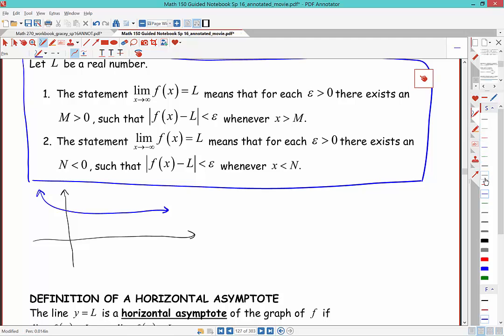And let's suppose that right here we have our L. And then down here we have M. And we have other x values which are greater than M.